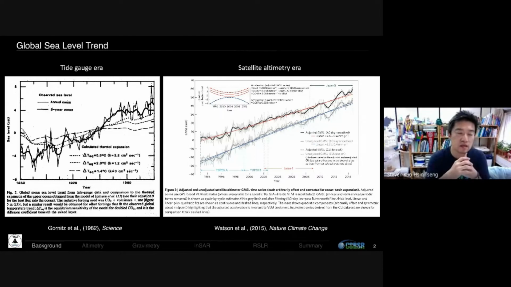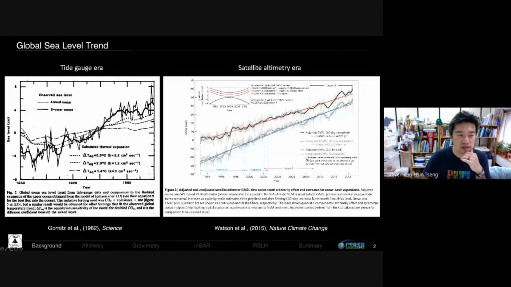Since more than 100 years ago, there has been a tide gauge somewhere in the world. However, it's just a point reading. So the tide records for one station cannot be representative of the entire world or the global oceans. But for certain stations, they tell us the story about sea level rise.